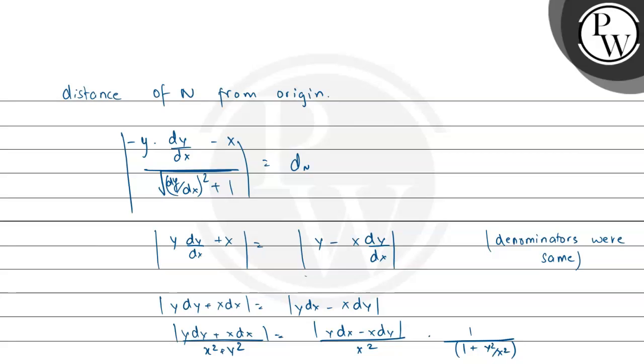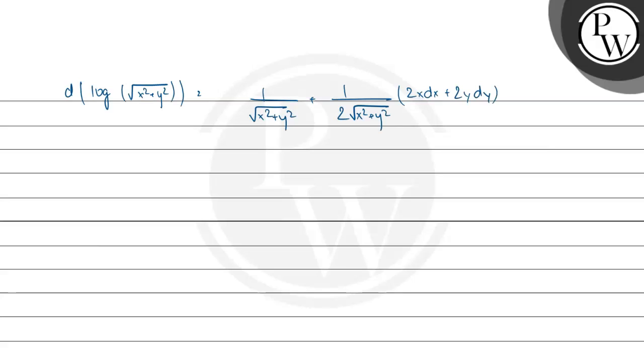On the LHS, the numerator has the differential of x square plus y square. This reminds me of the differentiation of logarithm of under root of x square plus y square, which is 1 upon under root of x square plus y square times 1 upon 2 times under root of x square plus y square times 2x dx plus 2y dy, so basically 1 upon x square plus y square times x dx plus y dy.